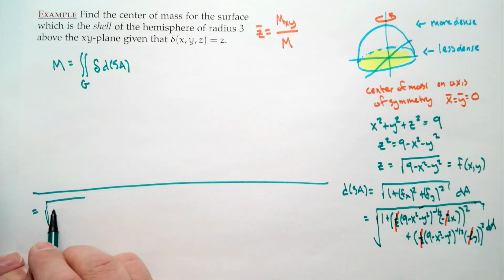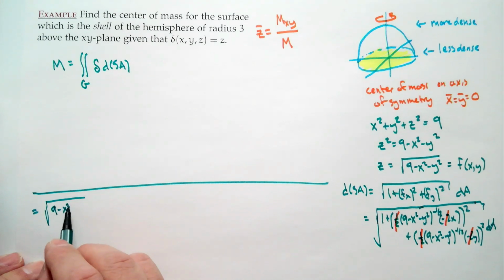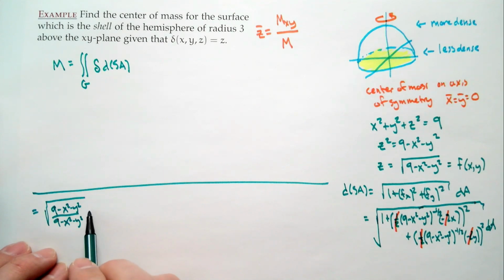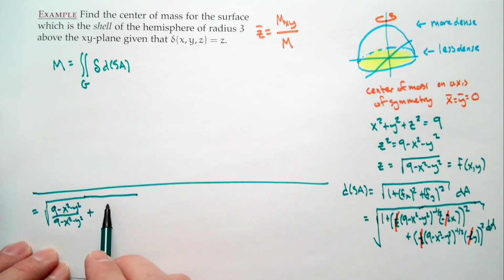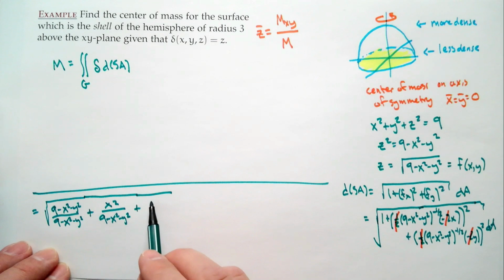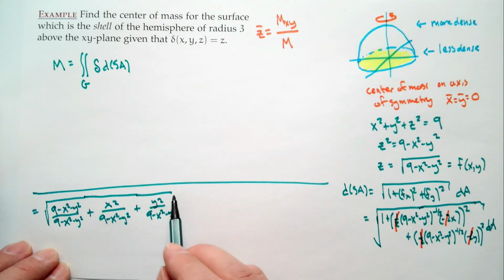So the 1, I'm going to rewrite that as 9 minus x squared minus y squared over 9 minus x squared minus y squared in anticipation of the terms to come. So that's the 1. Plus, and the reason we did this is the next term will be x squared over 9 minus x squared minus y squared. What's the next term? Y squared over 9 minus x squared minus y squared.